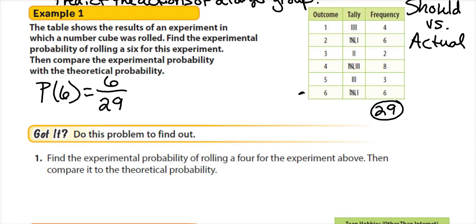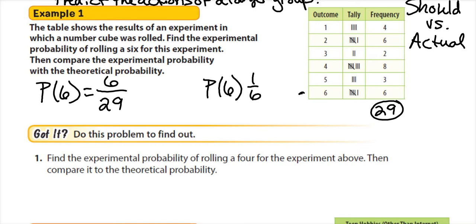So then what we need to do is compare the experimental probability, 6/29, with the theoretical. So theoretically, how often should I roll a 6? If I roll a 6, it's going to happen 1 in 6 times, right? Because there's only 1 six on there. So now let's change these into decimals so we can see what we have.